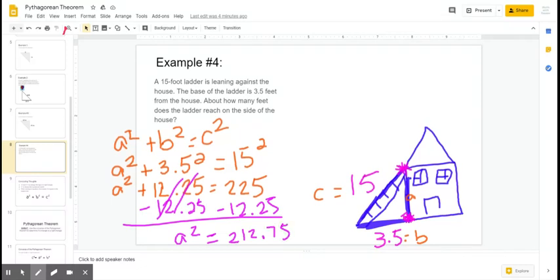Now here you need to do the opposite of squaring a number, which is taking the square root. So when you take the square root on both sides, you end up getting A equals the square root of 212.75, which is about 14.6. And we're talking about feet.